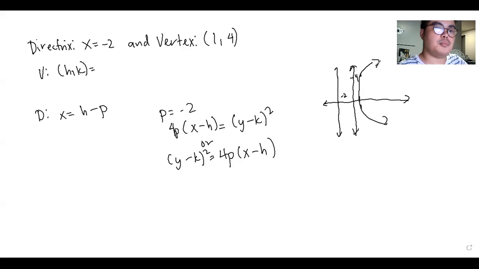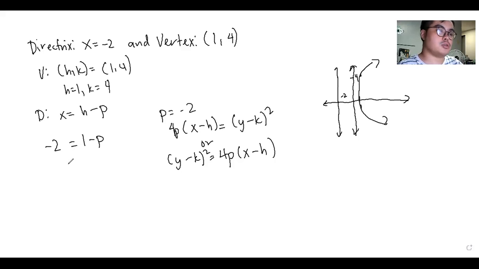So ibig sabihin po, horizontal ang parabola natin, positive ang parabola natin. So what are we going to do here is, we are going to correspond. So our h is equal to 1, then our k is equal to 4. So we're going to substitute given the value of x sa directrix. Okay, so our target is to look for p.